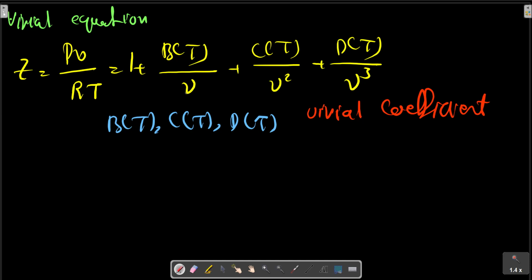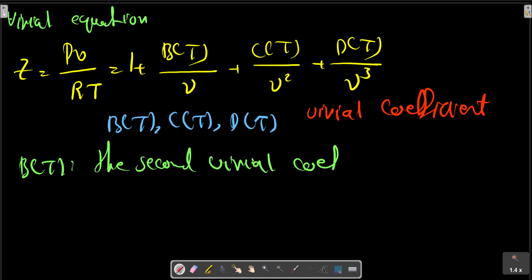B(T) is termed the second virial coefficient, and is due to binary interactions on the molecular level.